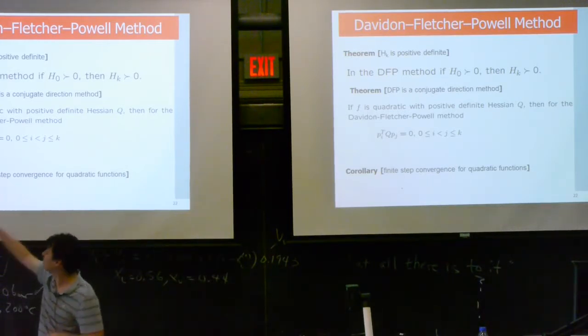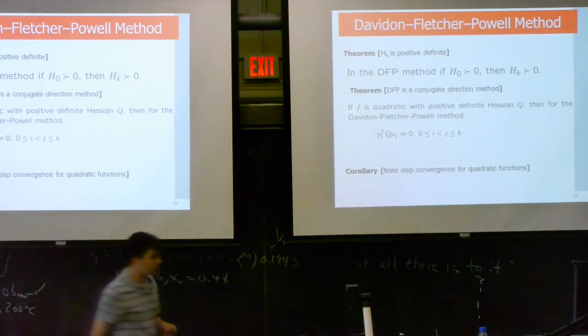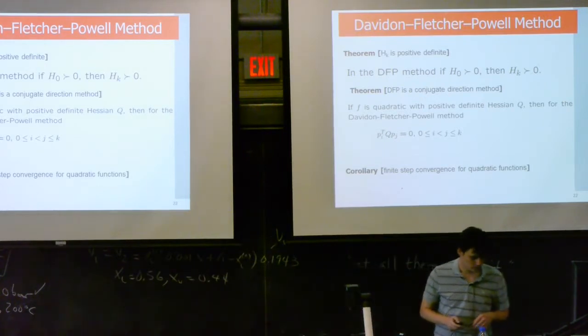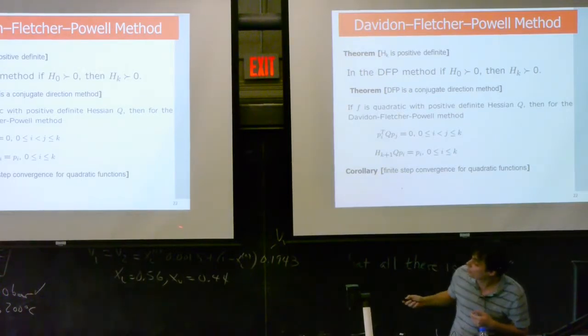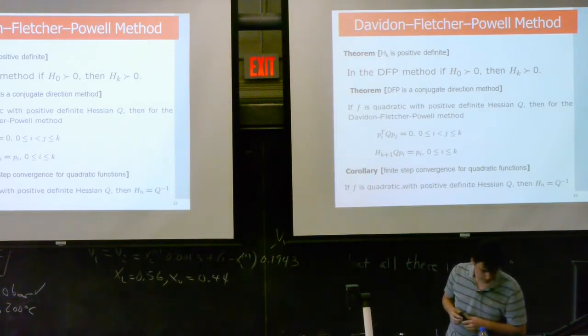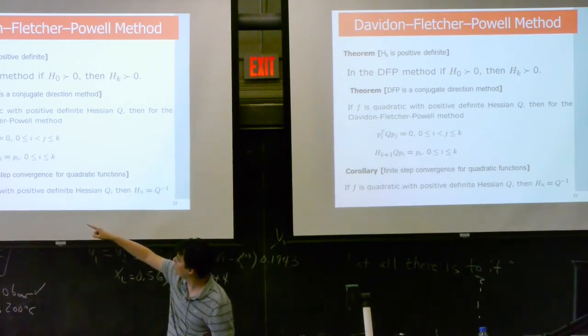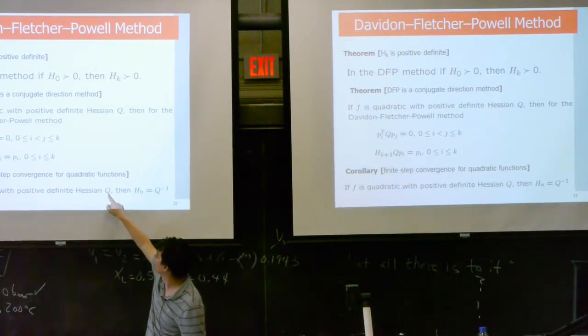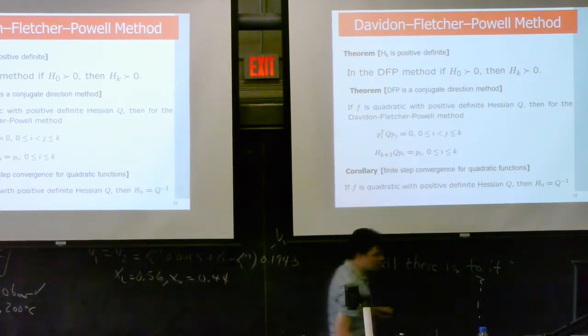So Pi, you remember the definition, is the difference between the x vectors between k plus 1 and k points. So you can see that they are conjugate directions, and it also has this consistency property that we wanted. And of course, that's trivial. Now, if Q is a quadratic function with the inverse of the Hessian Q, then after n steps, you estimate correctly the inverse of the Hessian.